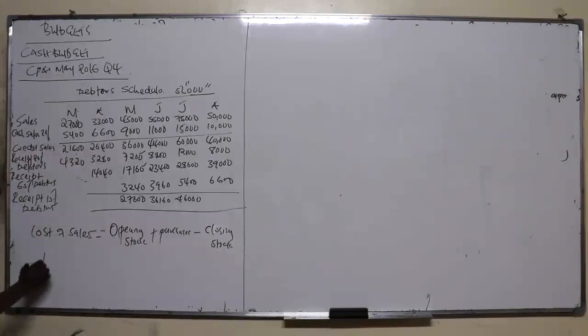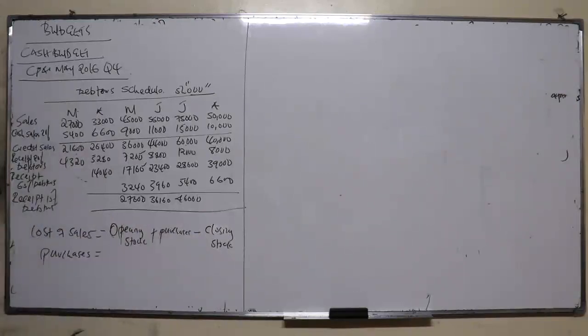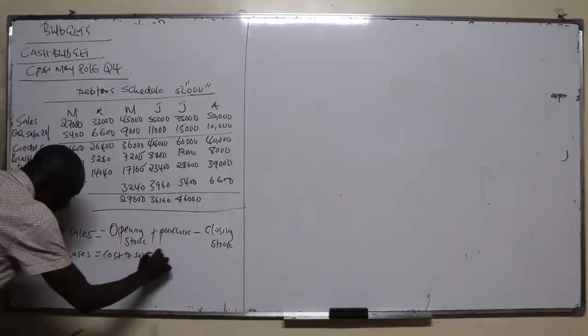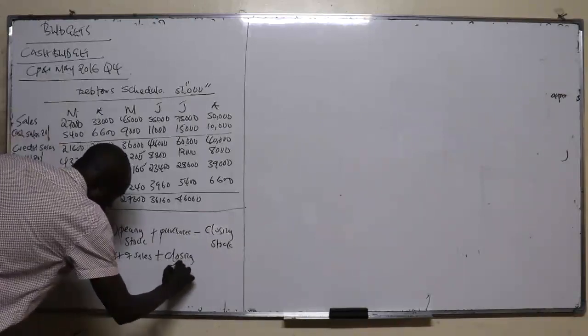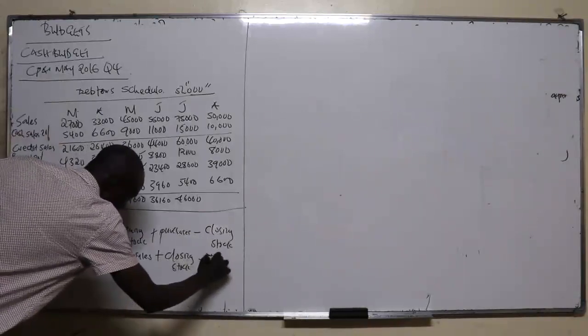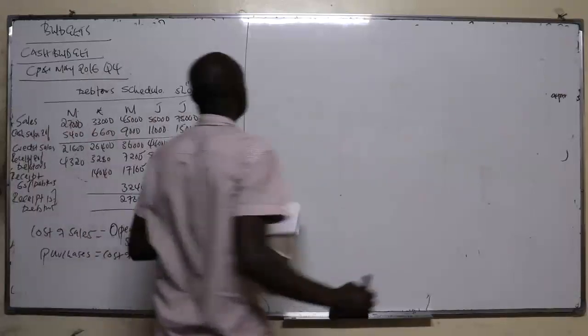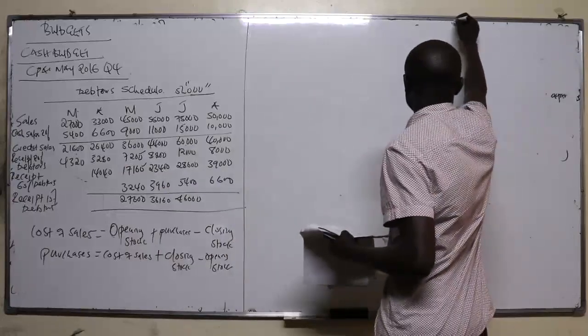So our purchases is going to be, this one is going to cross to the other side and become positive. So it's going to be cost of sales plus closing stock, minus opening stock. So let us get the stocks. We can get the stocks here.